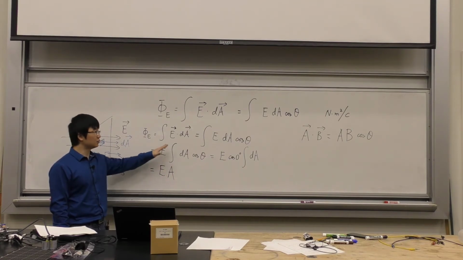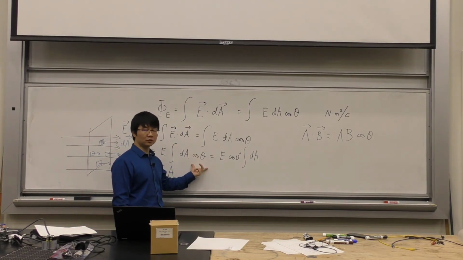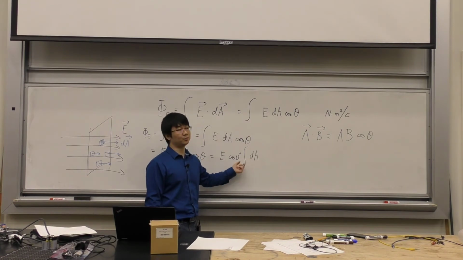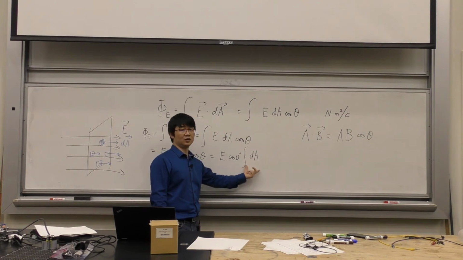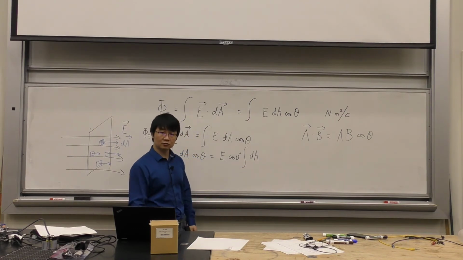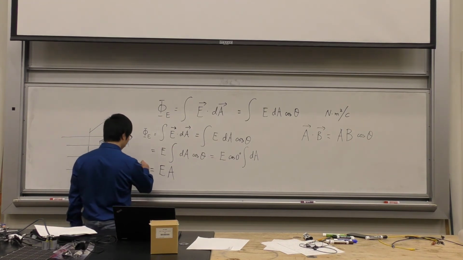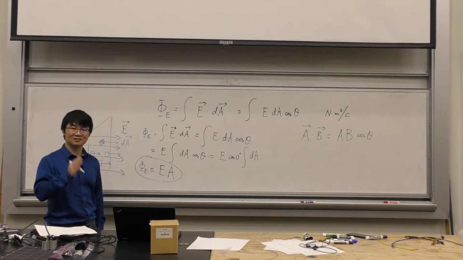So instead of doing this integral, you can do this, right? Actually, you're not doing any integral. You're not integrating anything. There's no function here. You pretty much take out everything else except this dA, and you integrate dA. You don't even need the integral table. It's going to be A. Okay, so this is something I can remember, and as I said, we're only going to be looking at these special cases in this class.